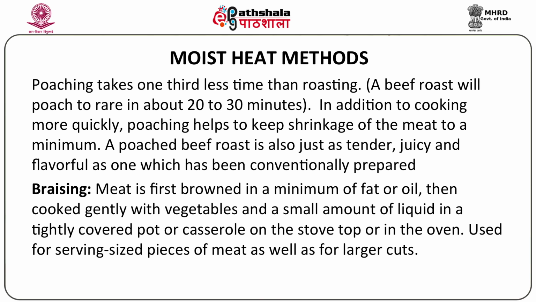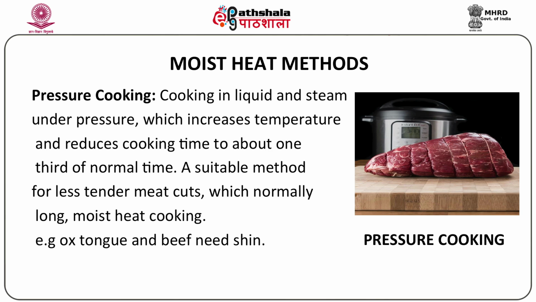Meat is first browned in a minimum of fat or oil, and then it is cooked gently along with vegetables and a small amount of liquid in a tightly covered pot or a casserole on the stove top or in the oven. Usually, serving sized pieces of meat as well as larger cuts of meat can be cooked by braising.